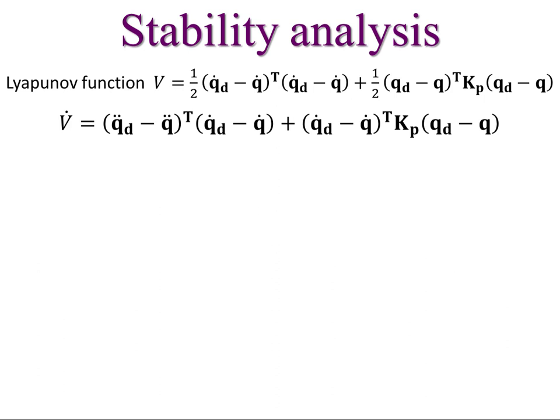Differentiating V with respect to time gives the equation like this. To derive this equation, as we have explained so far, we use the fact that Kp is a positive definite matrix, which makes it a symmetric matrix, and the transposition of a matrix or a vector product that is a scalar is a reversal of the order by transposing all of the matrices and vectors.